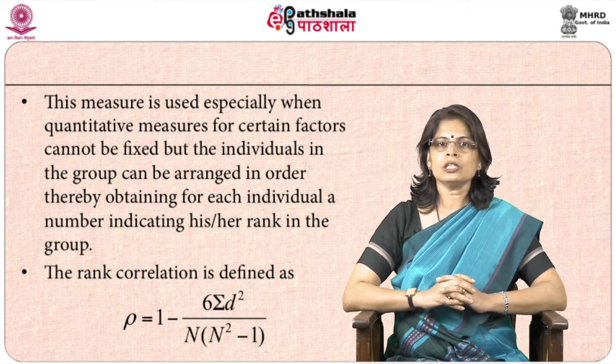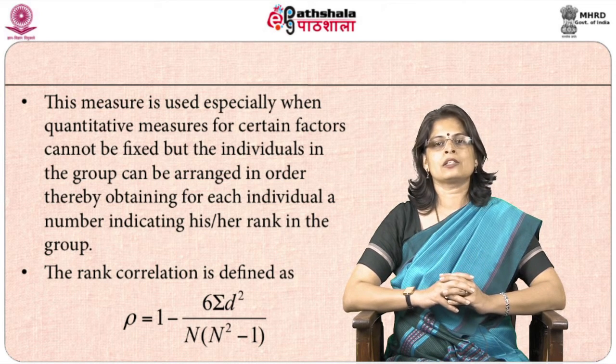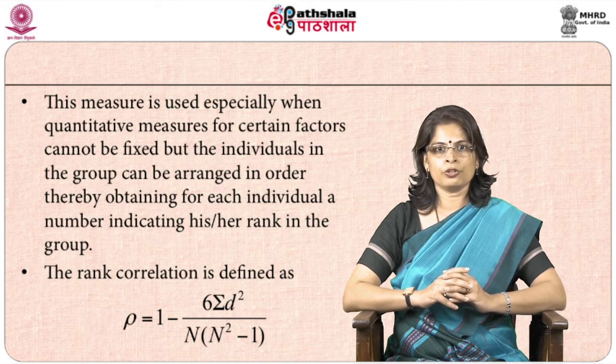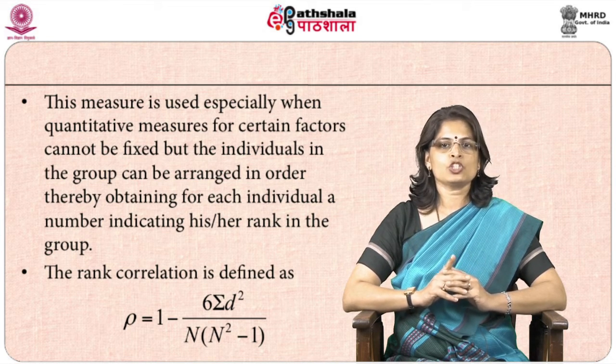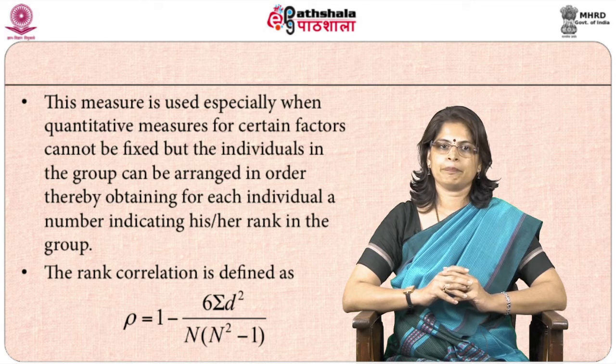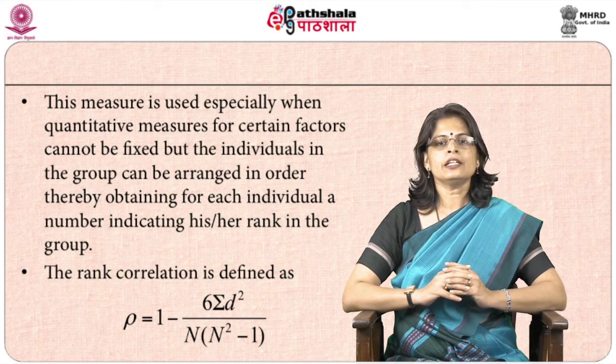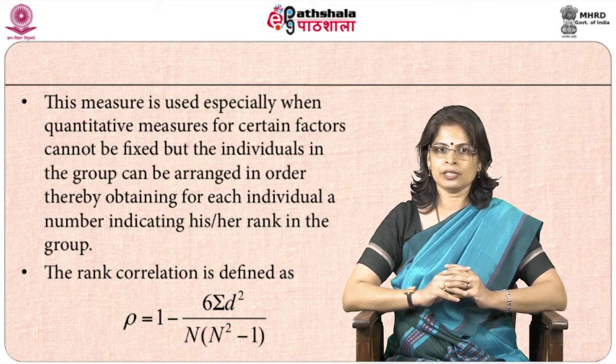The rank correlation is usually denoted by the Greek letter rho and is defined as rho equals 1 minus 6 summation d squared upon n times (n squared minus 1), where d is the difference between the ranks of the two series. Please refer to quadrant 1 for an example on rank correlation coefficient.